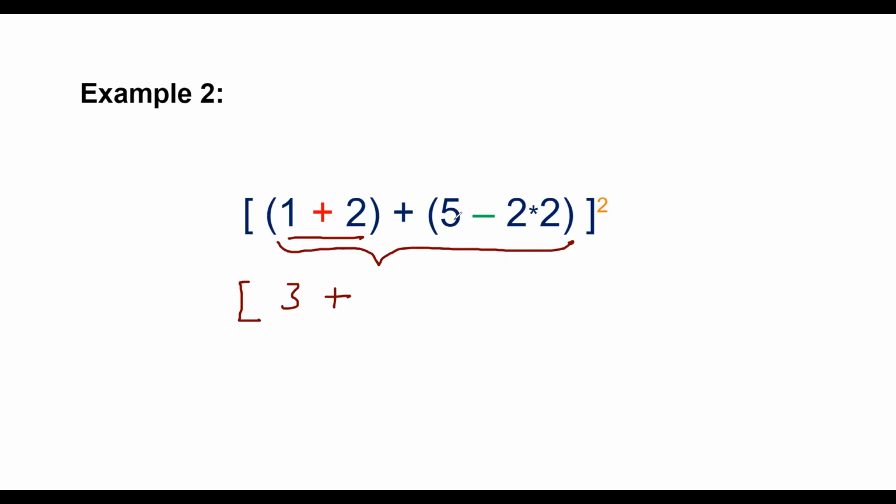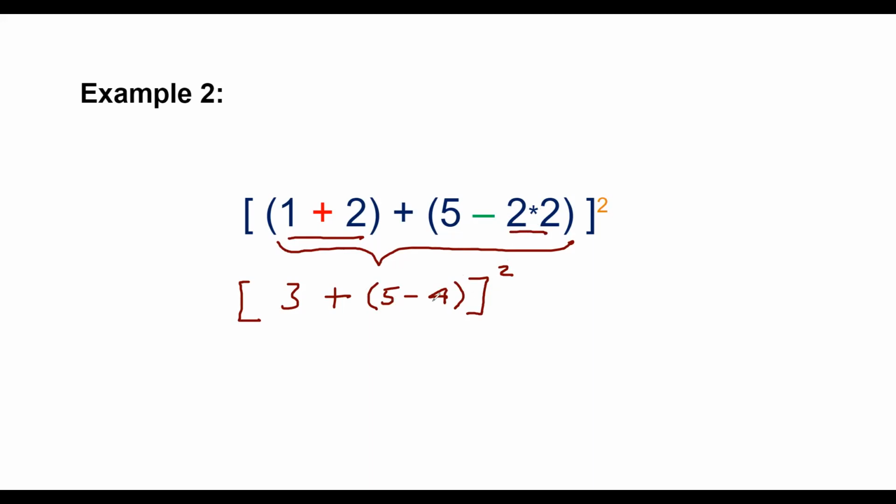Over here, we have 5 minus 2 times 2. Again, we have multiplication here and subtraction. We need to do the multiplication first. So in the interest of not making a mistake, we're going to do this a step at a time. And we're going to say that now simplifies to that. 5 minus 4, because we did this multiplication, 2 times 2.